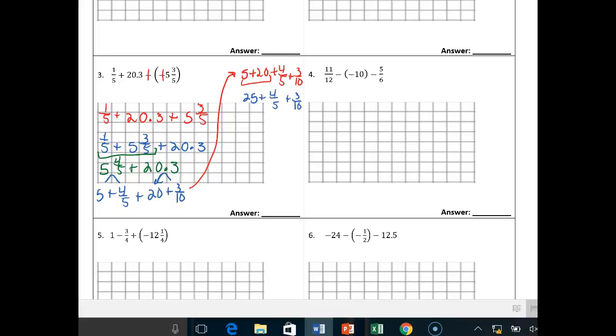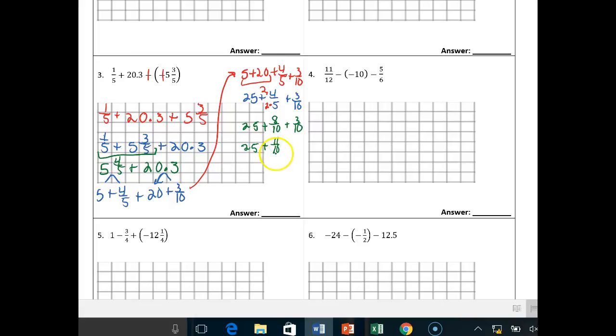So the 3/10 can stay the same. I'm going to multiply this guy by 2 to get this to become 10. So I have 25 plus 8 over 10 plus 3 over 10. Hopefully you're with me right now. All I did right here is try and find common denominators with this fraction. So 25 still stays the same, plus 8 plus 3 is 11 over 10.